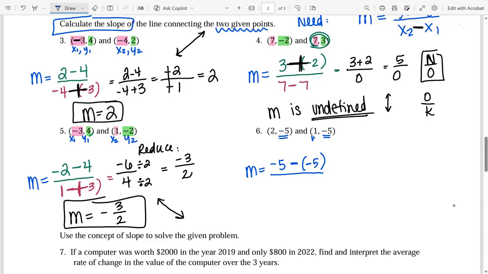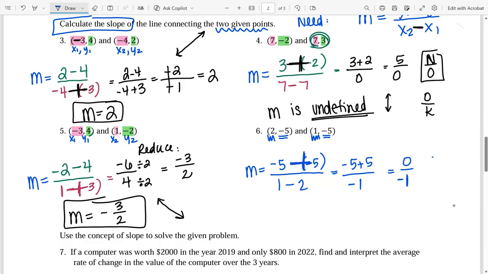Divided by x's, 1 minus 2. Because of this double negative, I'm going to turn it positive. So I have -5 plus 5 on top, leaving me with 0. And 1 minus 2 on bottom is -1.